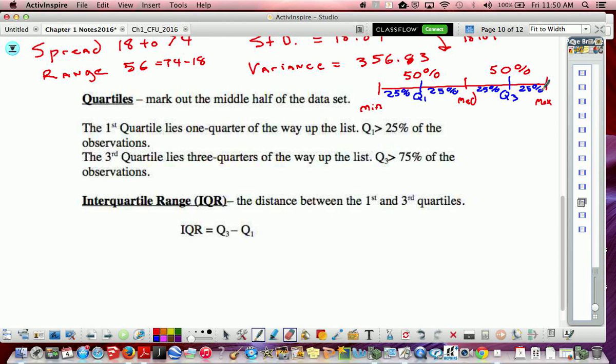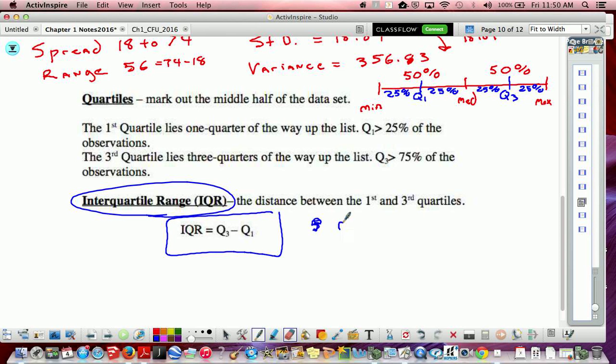Now, lots of times in a data set, we'll look at the interquartile range, which is simply Q3 minus Q1, otherwise known as the middle 50% of values. It's the middle 50%.